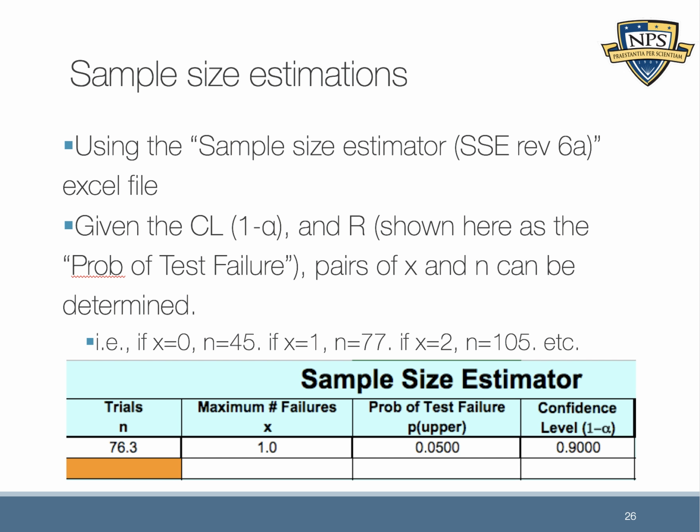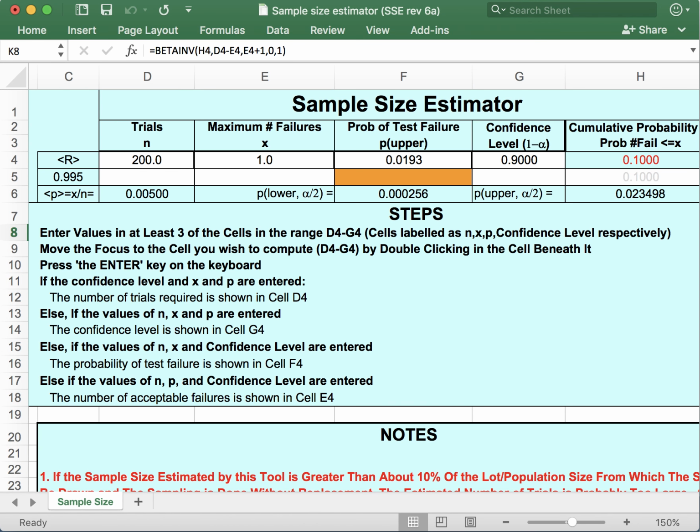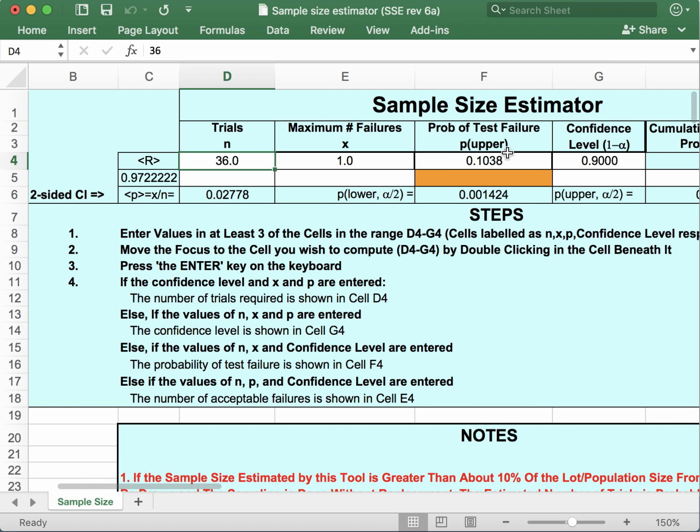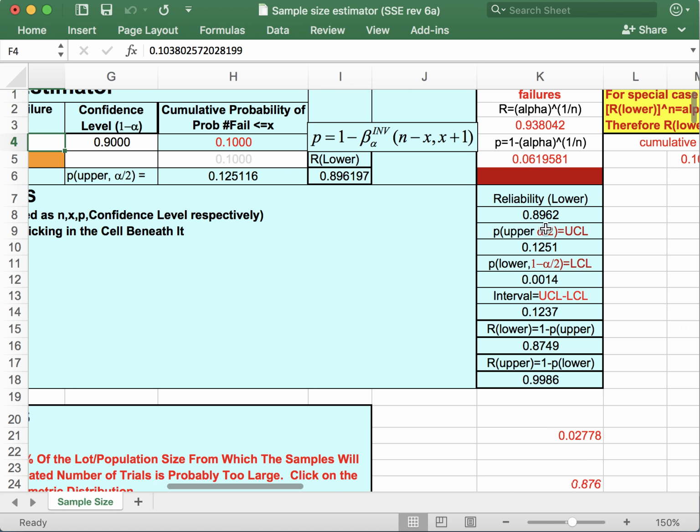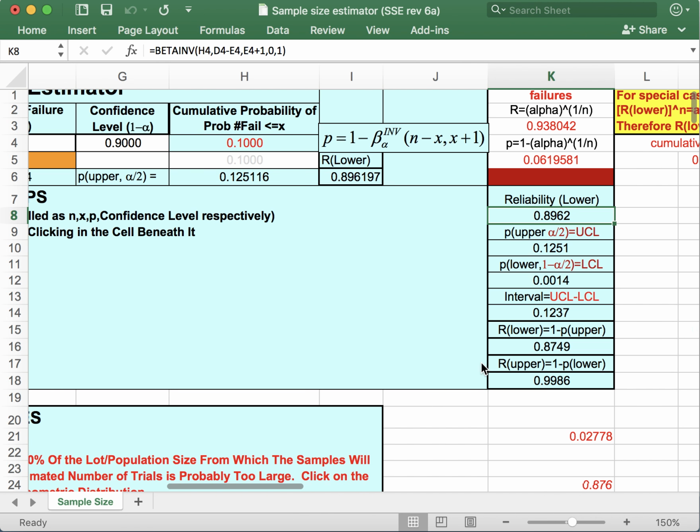And that's where you say, well, okay, instead of trying to go for 95%, which we realize we're not going to hit, we're going to say, for example, well, really, probably should say 1 failure out of 36 samples. My probability of failure is 10.38%, which is 89.62. That's really the reliability value that I got.